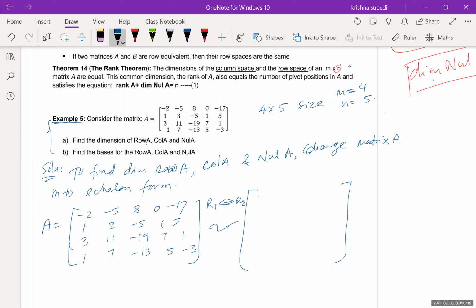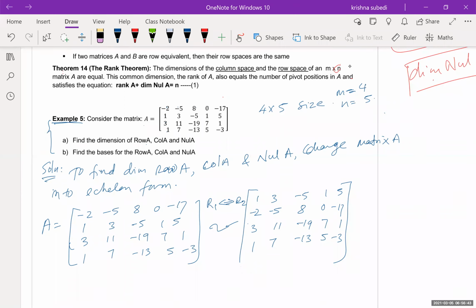That gives me 1, 3, -5, 1, 5; -2, -5, 8, 0, -17; 3, 11, -19, 7, 1; and 1, 7, -13, 5, -3.